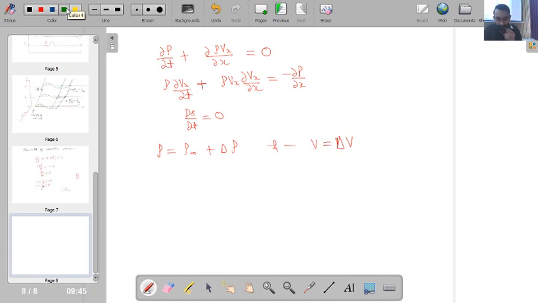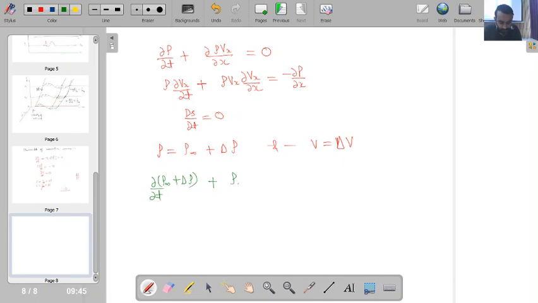If I make these substitutions, then my continuity equation will become del by del t of rho infinity plus delta rho, plus, here I am using the split differential operator also, rho times del V by del x.